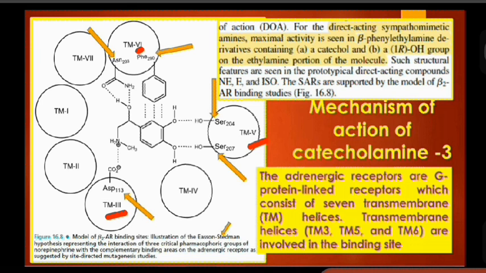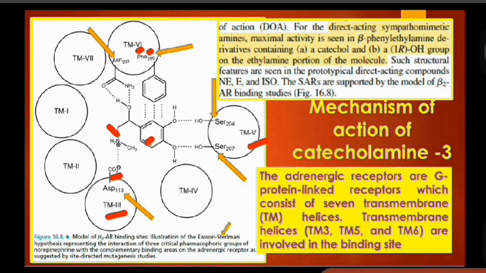OH, and that interacts with the serine OH. Then this phenyl ring is interacting with the phenylalanine ring in transmembrane 6. And the same way, the quaternary ammonium compound that is present here is interacting with the aspartic acid carboxylate ion.